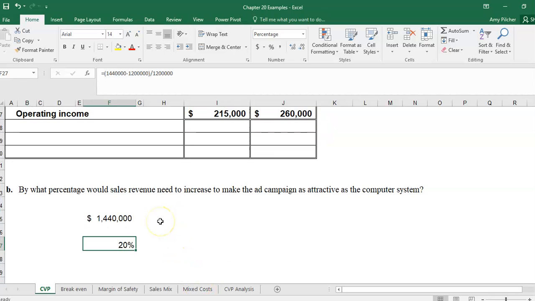So instead of the 5% increase that is predicted, we would need it to be a 20% increase.